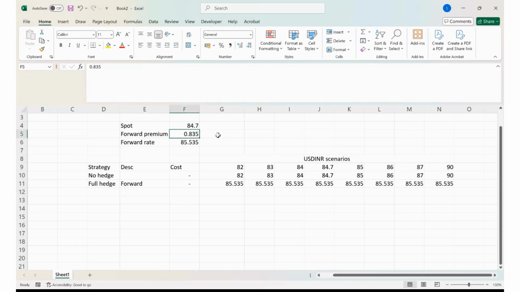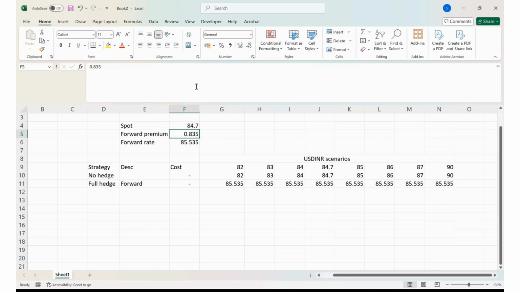So a forward contract can be looked at as buying at current spot plus a payment of 83 paisa premium on the day of buying. So a forward contract has an inbuilt view that the rupee is going to depreciate. Otherwise, you are going to lose out by doing a forward, an opportunity loss, right? You are willing to pay an 83 paisa cost for the depreciation potential. So unless you view that there's a very strong chance of rupee depreciation, the forward will be a losing proposition unless the rupee depreciates more than 83 paisa, right?